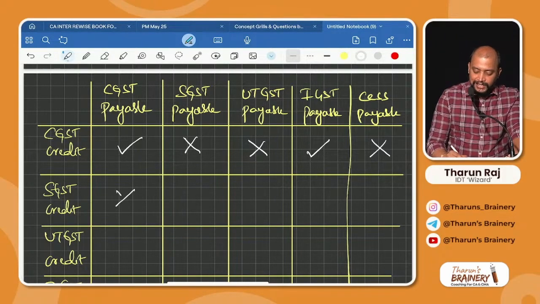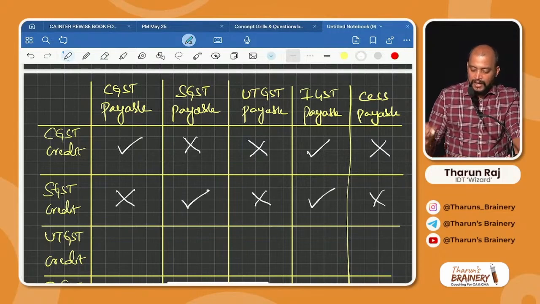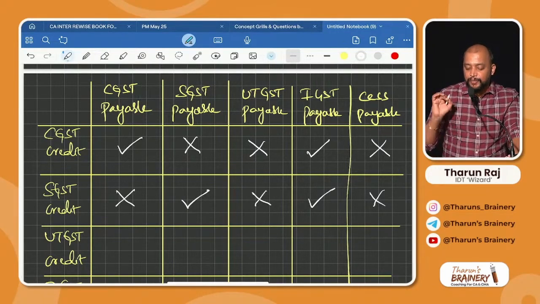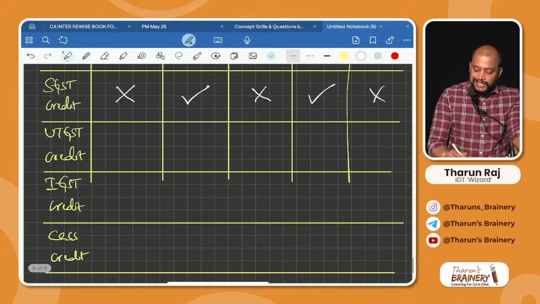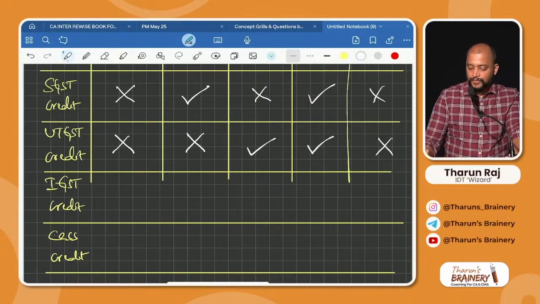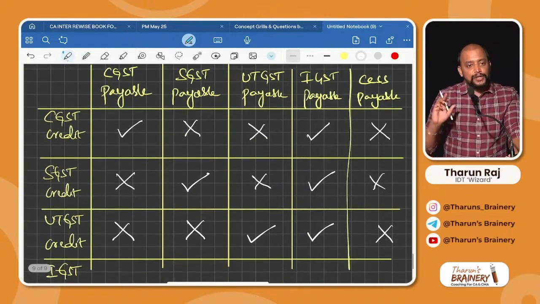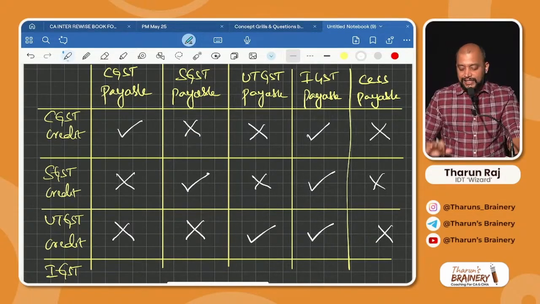What about SGST? SGST credit I can use only for payment of SGST or IGST. Then UTGST credit can be utilized only for payment of UTGST payable or IGST payable.